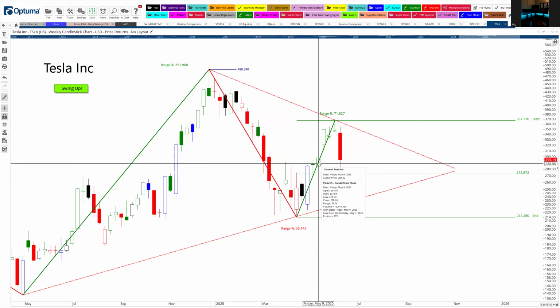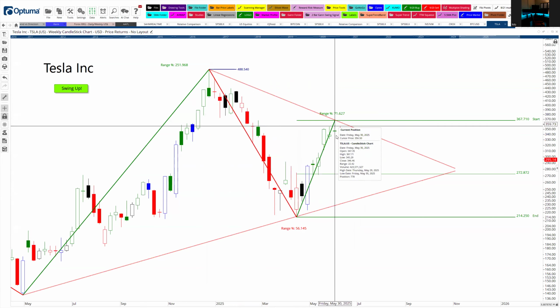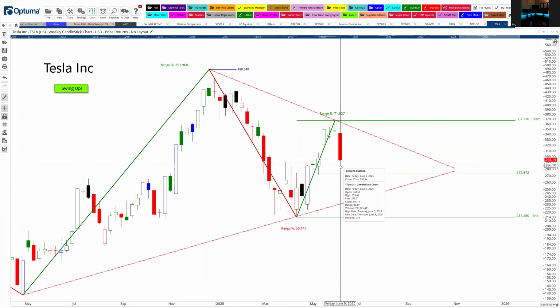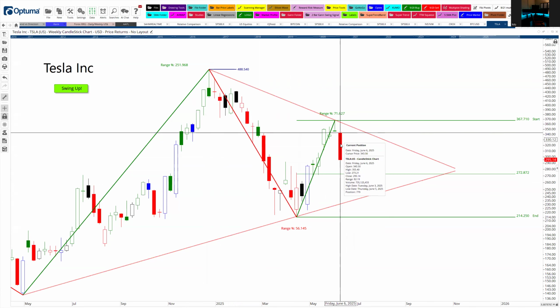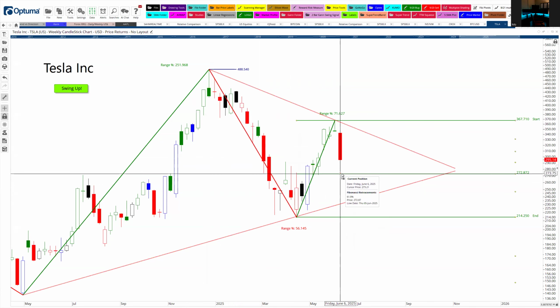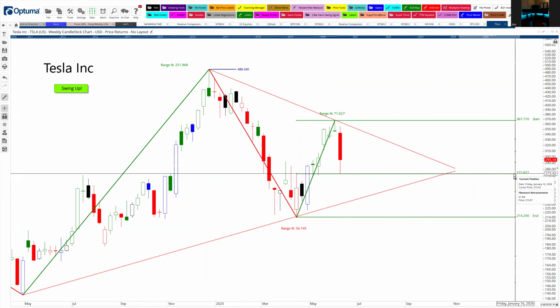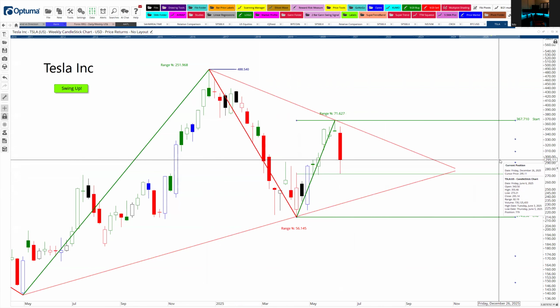After this drawdown, this week, with this cat and mouse fight, it put one lower weekly bar. That one lower weekly bar put a low right at that 61.8, and now it's at 295.